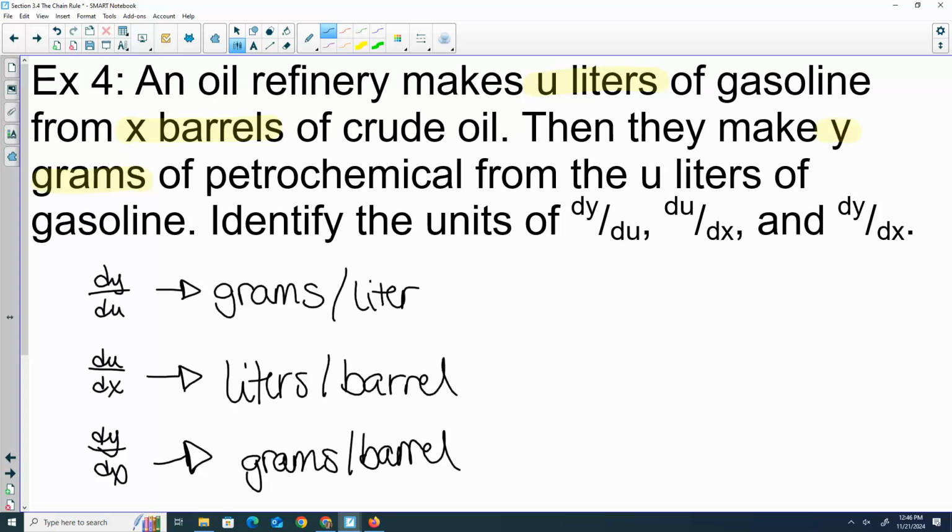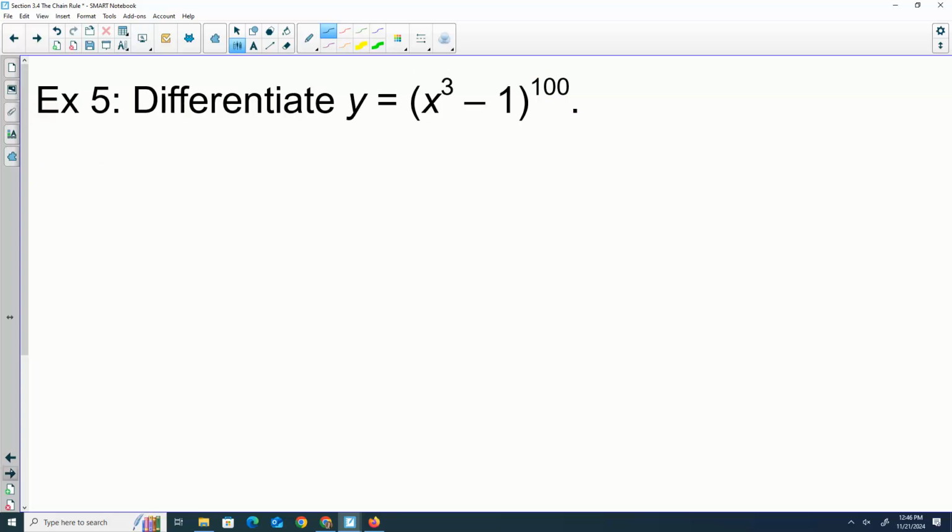Now we're just going to practice straightforward chain rule. I want you guys to go ahead and try example 5. If you get done before I start, you can do example 6 as well. All right, so 5.